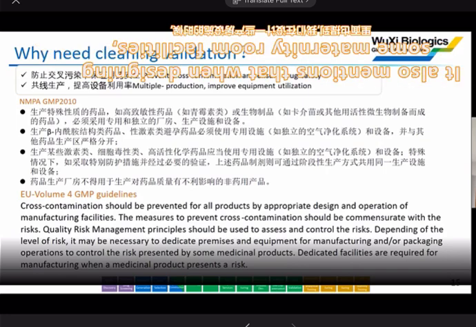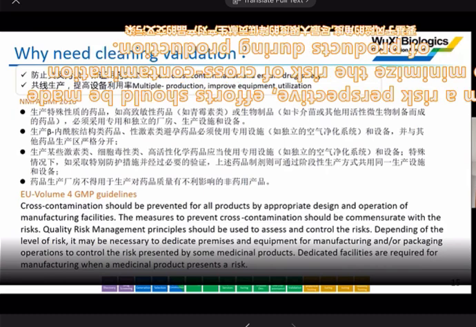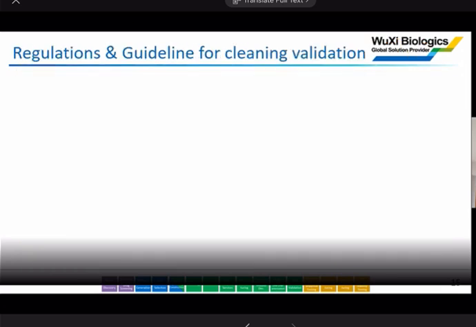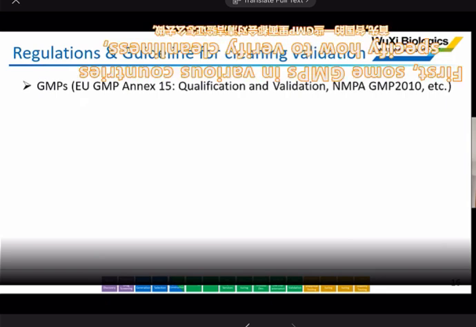This is where issues are mentioned, such as in the Drug Administration GMP 2010, where some products need to be separated and require dedicated production lines, including some guidelines from the EU's GMP. It also mentions that when designing facilities, it is necessary to consider the product to prevent cross-contamination. From a risk perspective, efforts should be made to minimize the risk of cross-contamination of products during production.